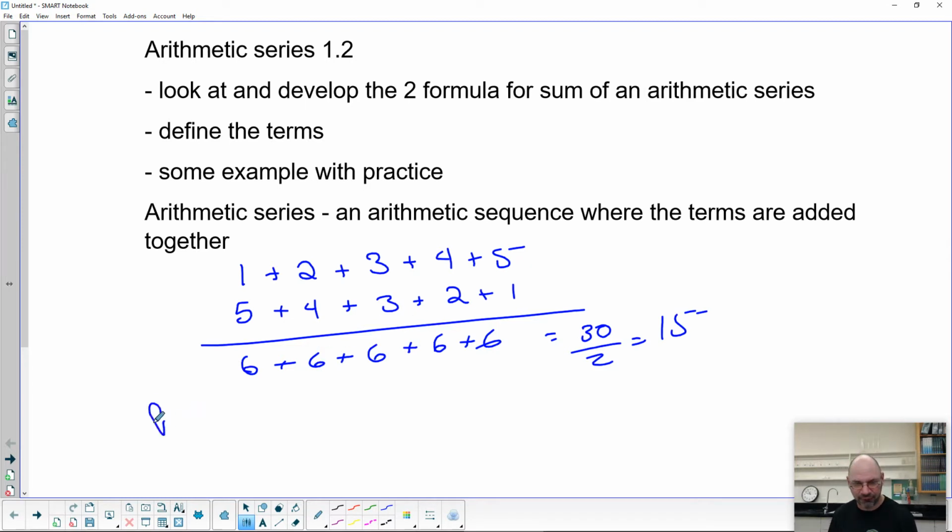The formula, based on some 6-year-old who figured this out when Gauss did a lot of really important things, was he took the first term, we'll call it T1, added the last term, we'll call it Tn, multiplied it by the number of terms, we'll call it n, and then divided everything by 2. That is equal to the sum of the series, which we'll call Sn. That's the formula that Gauss came up with.